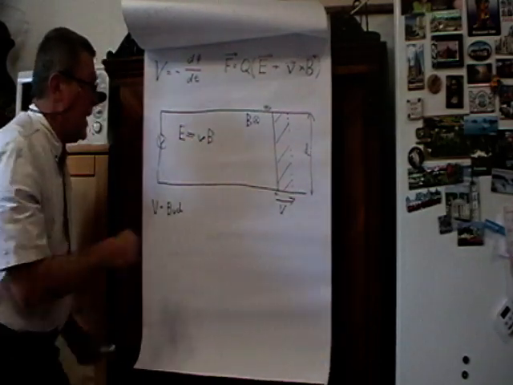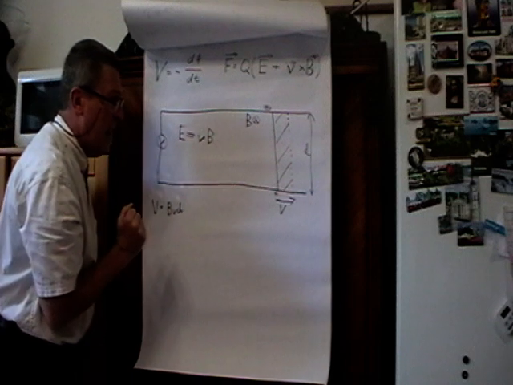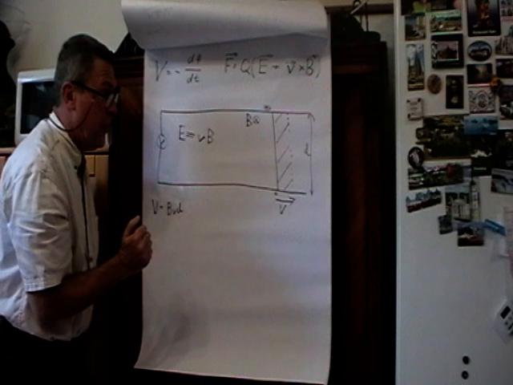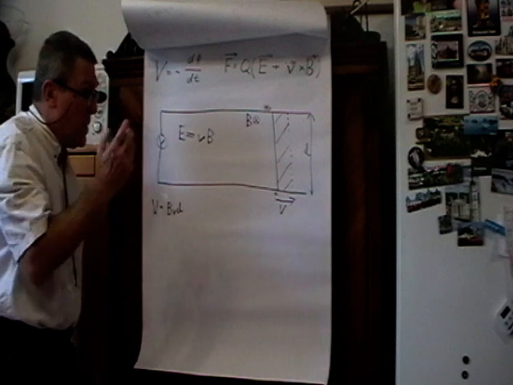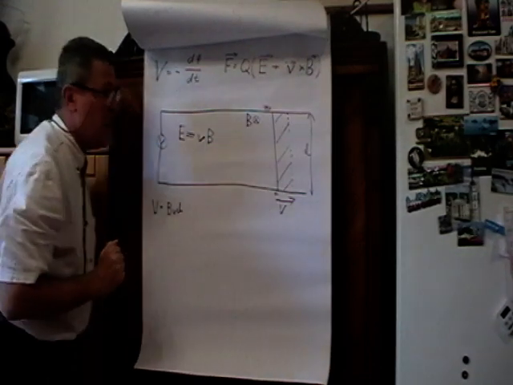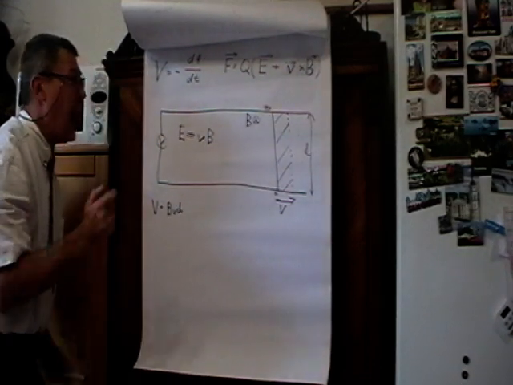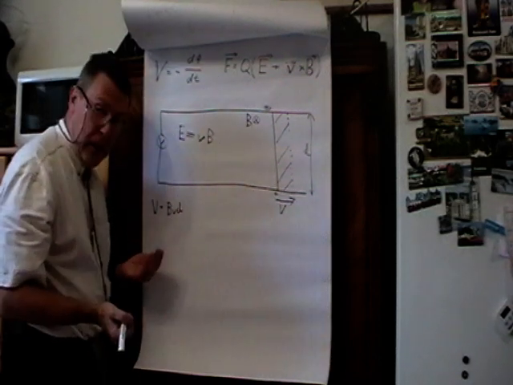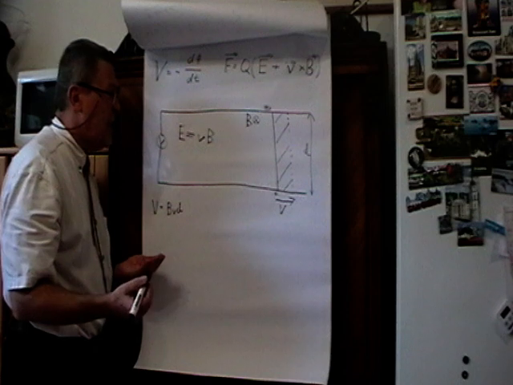So once E is V times B, we have an equilibrium, in which the lower part of the stick is negative and the upper part of the stick is positive. And if we want to express that in a voltage, then it's quite simple.